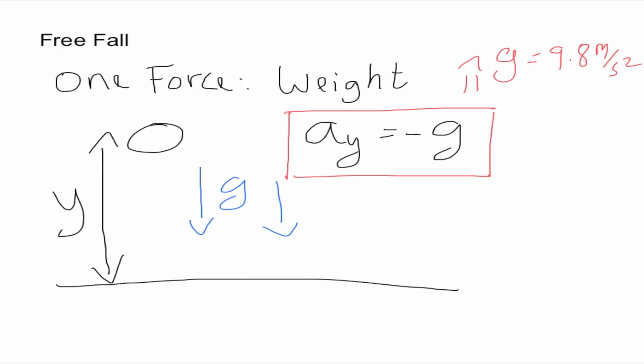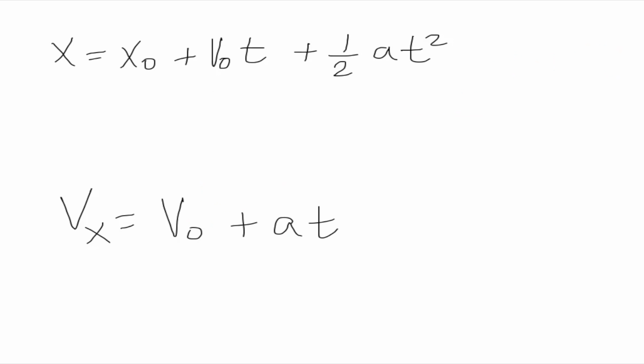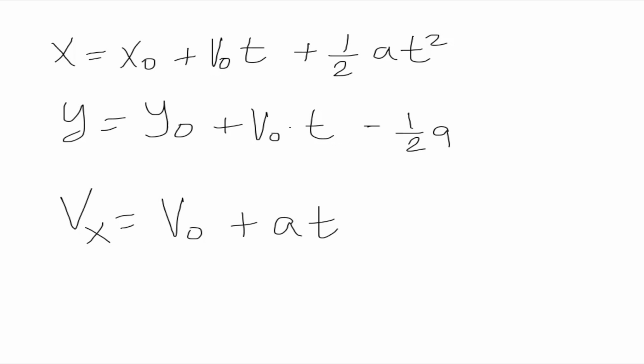So let's start with the displacement formula. So that was the previous formula, and for the case of free fall, we will have to change the displacement x into the height y and the acceleration into gravity. So by changing that, we will obtain that y is equal to y naught plus v naught times time minus 1/2 gravity times time squared.